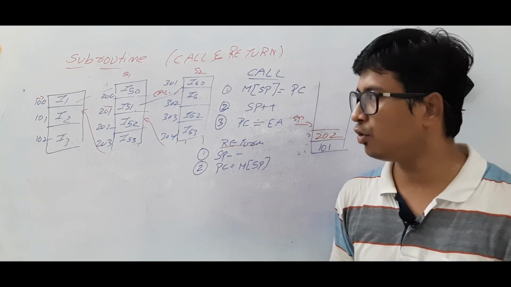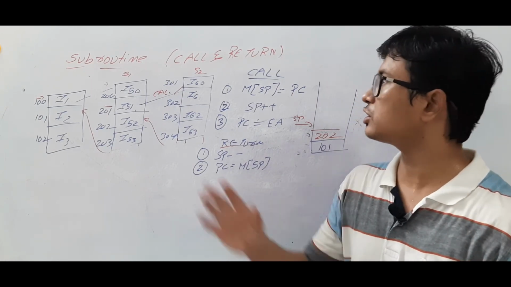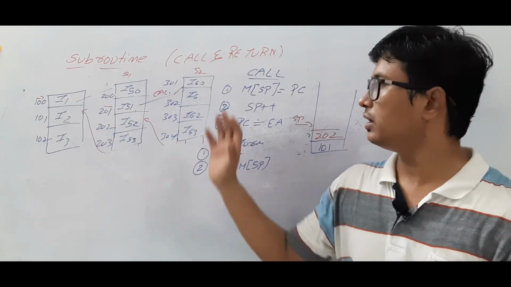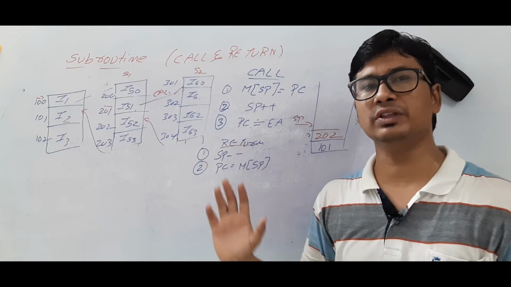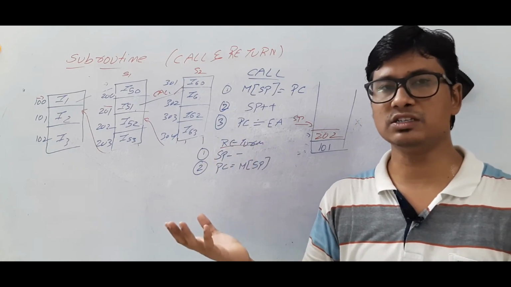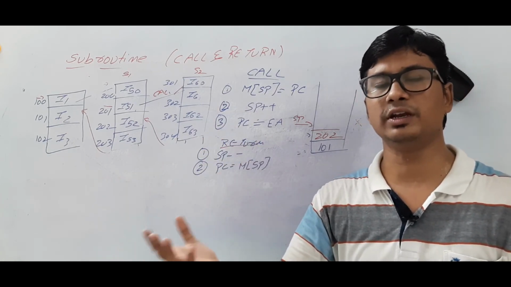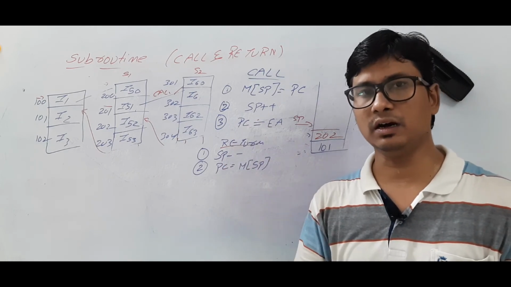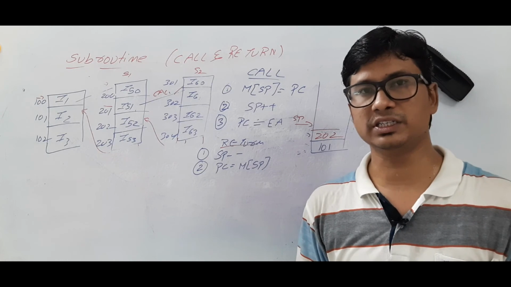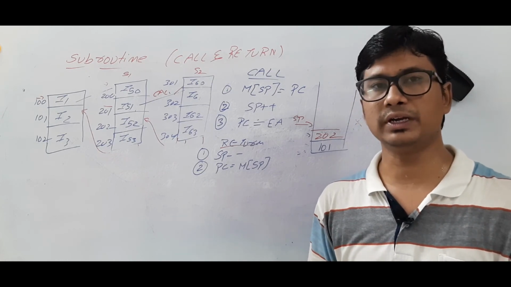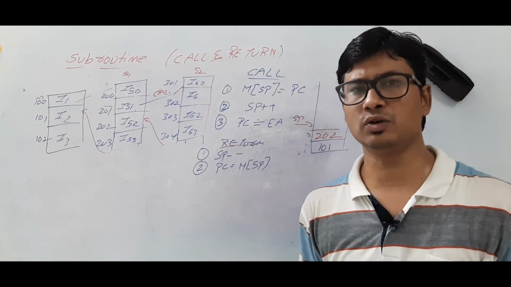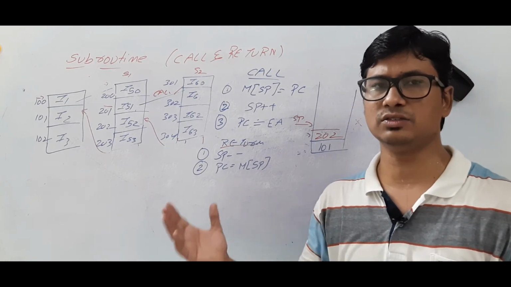I hope with this you have understood the call and return instructions properly, how we can store with the help of a stack, and what the failure is with storing the return address in a register, in the subroutine, and in a fixed memory location. Then we have discussed the stack. I hope you have understood all the concepts which I have discussed in this video.